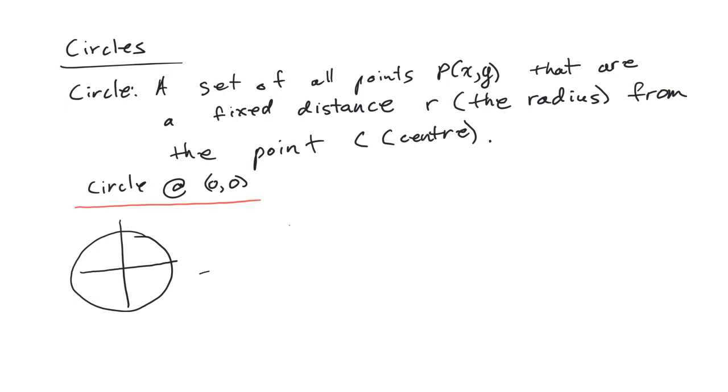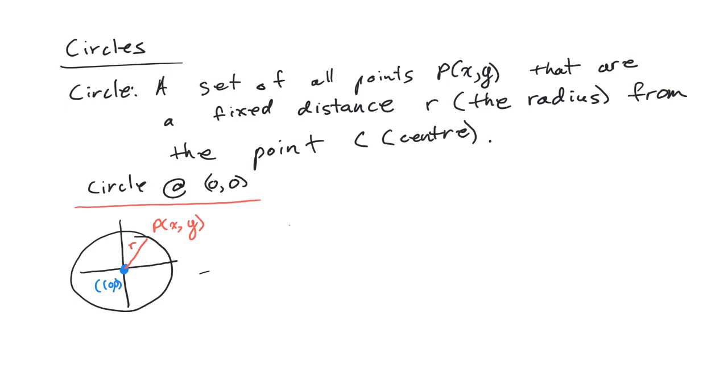So we have something like this, where we have our center 0, 0 here, and we have a radius going out from the center to the edge. So its length is r, and the point that's on the line is x and y.